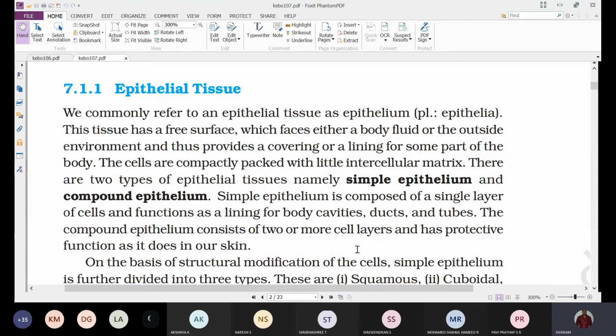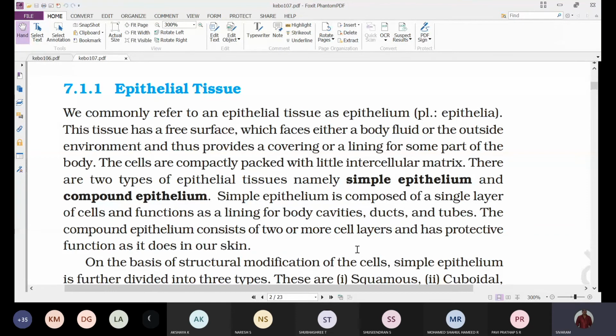That's why it was named epithelial tissue or epithelium. Singular is epithelium, plural is epithelia.